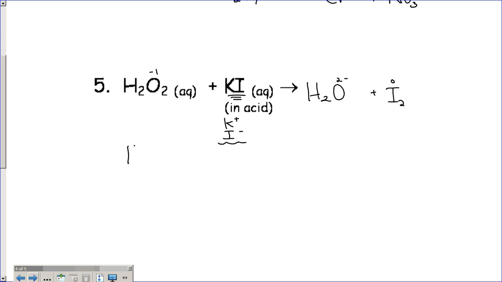So you'd have hydrogen peroxide reacting with iodide ion to form water and iodine gas. Iodine gas is a purple gas. That would be the visual indicator of the reaction. You'd have bubbling and a purple gas evolving.